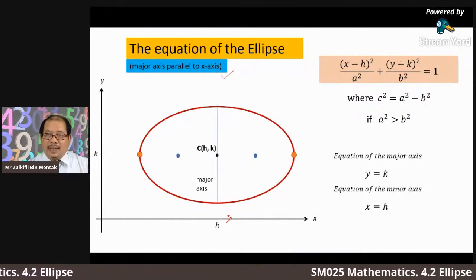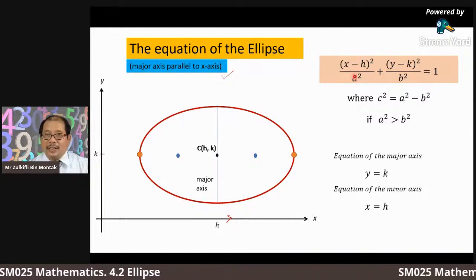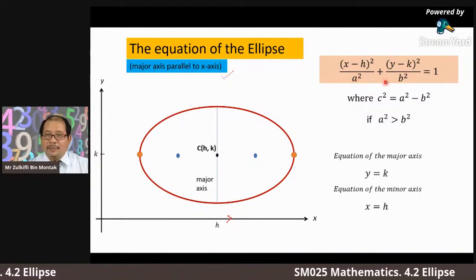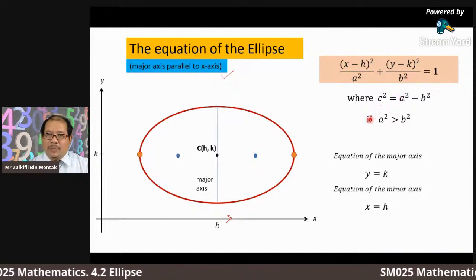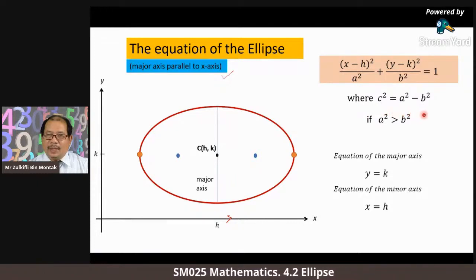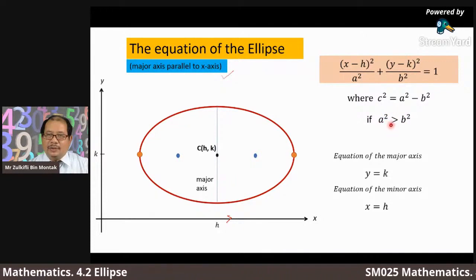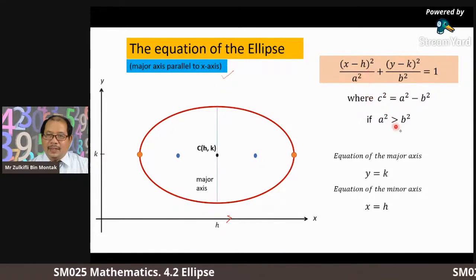The equation is given by (x minus h) square over a square plus (y minus k) square over b square equal to 1, and then c square equals a square minus b square, for a square greater than b square. So the value under (x minus h) square is a square, which is greater than b square.